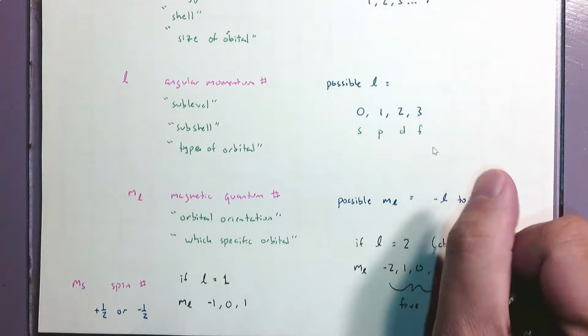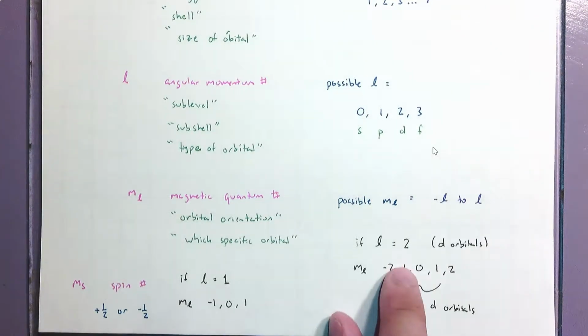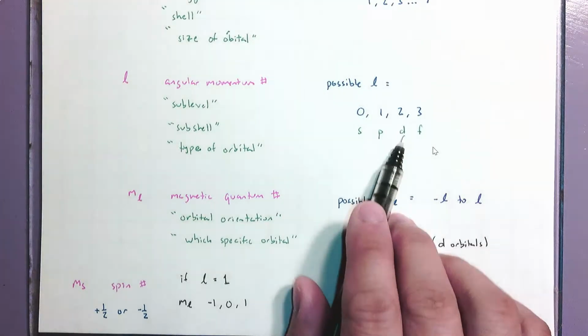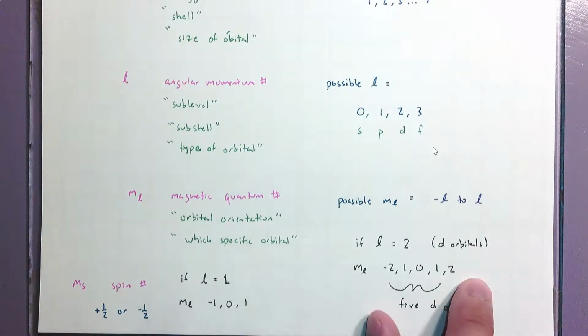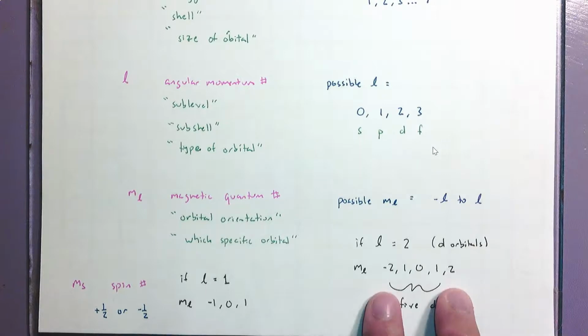And we know that L equals 2. We get that from up here, right? 2 represents the d orbital. Well, what is impossible? It's impossible to have an m sub L of 3. It's impossible to have an m sub L of minus 4. It has to be one of these 5.